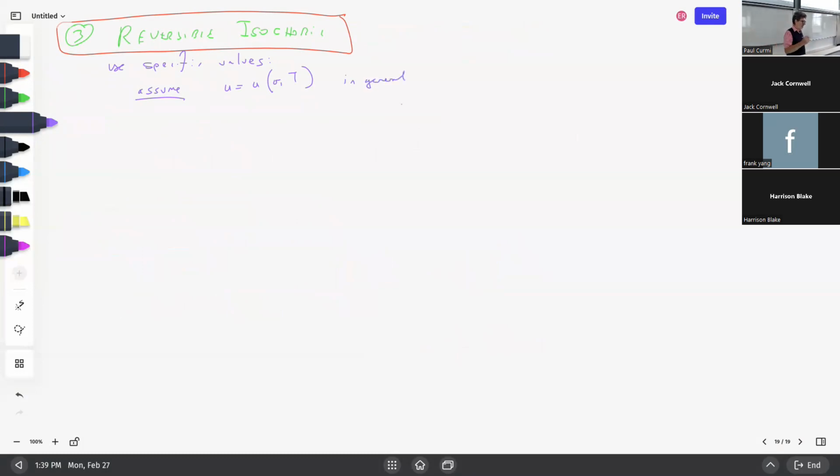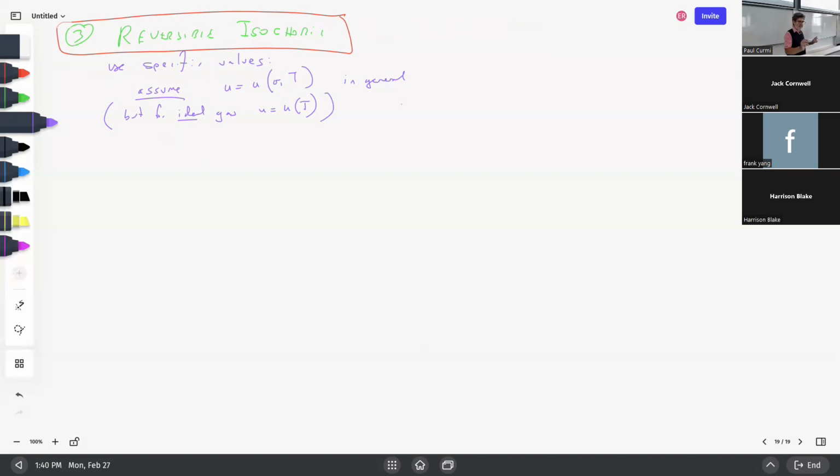But for ideal gas, I have that u is only a function of temperature, not volume. That's for ideal gas.